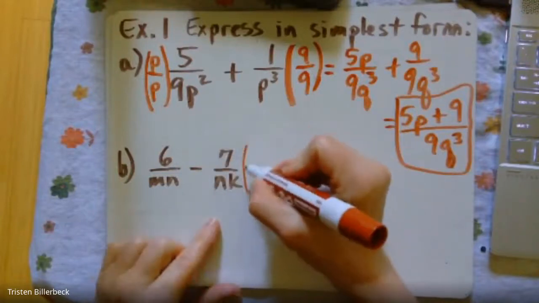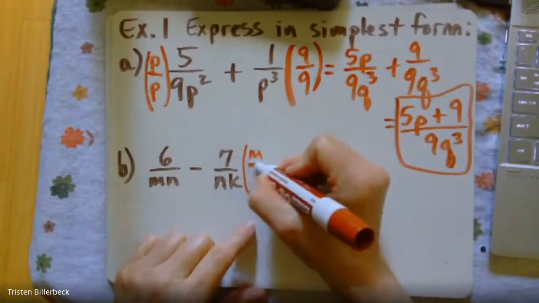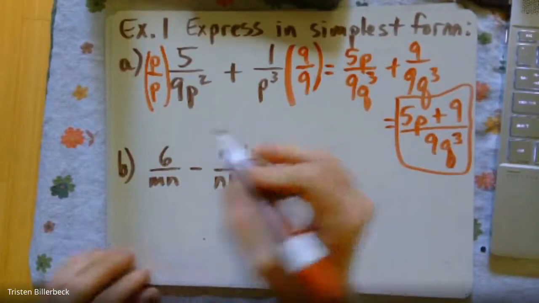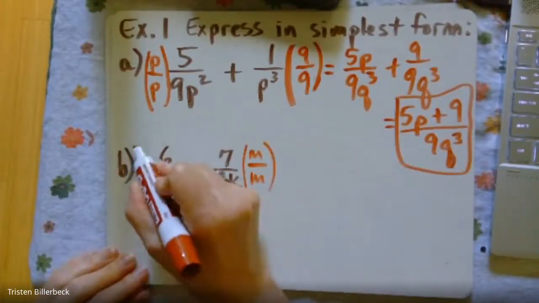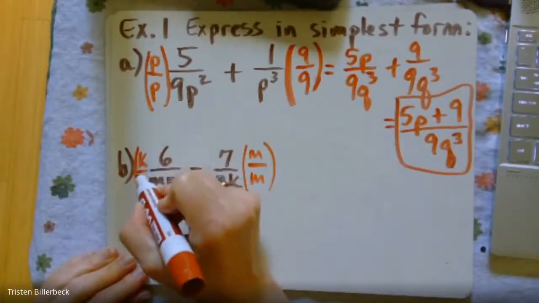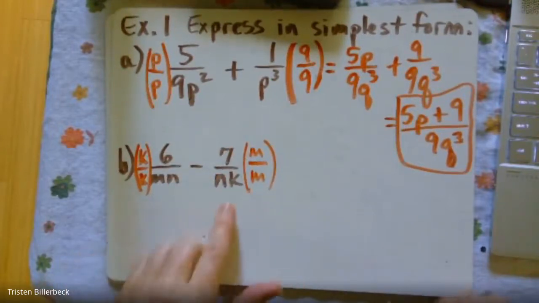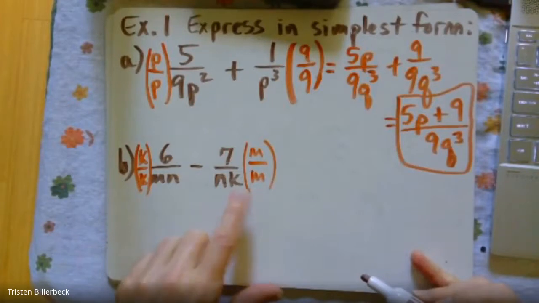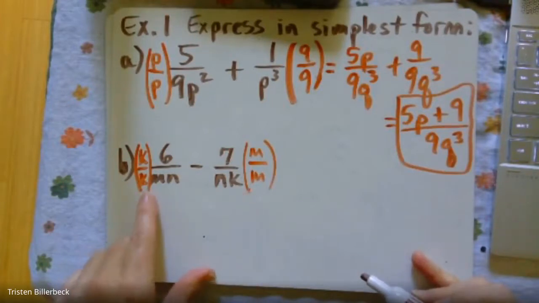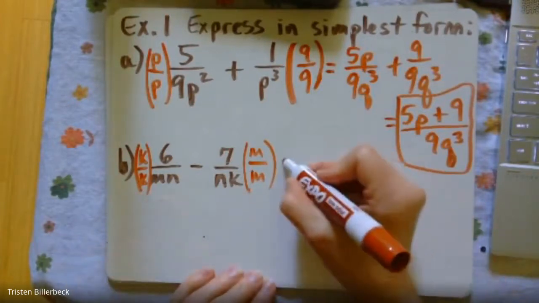All right, so let's multiply this one by m and m, and then k and k. Okay, so we're going to have on the bottom kmn, just like that, because it's alphabetic order, remember?